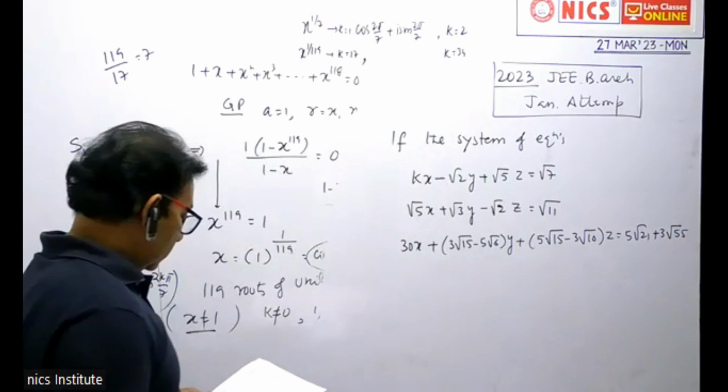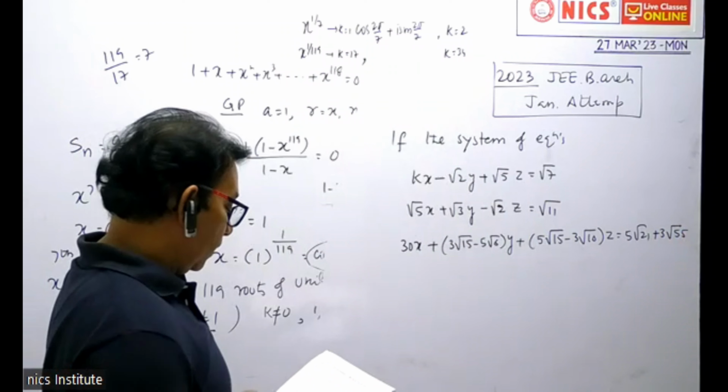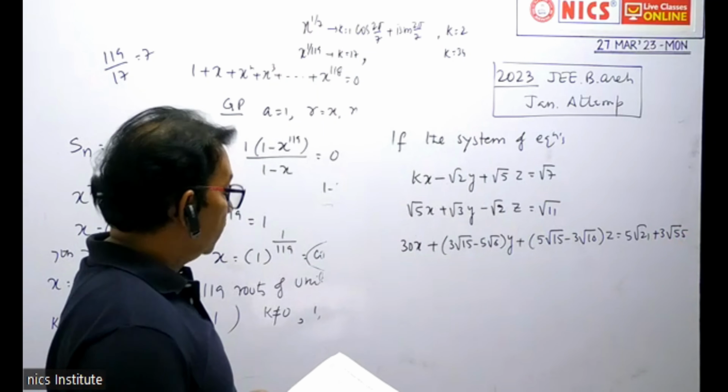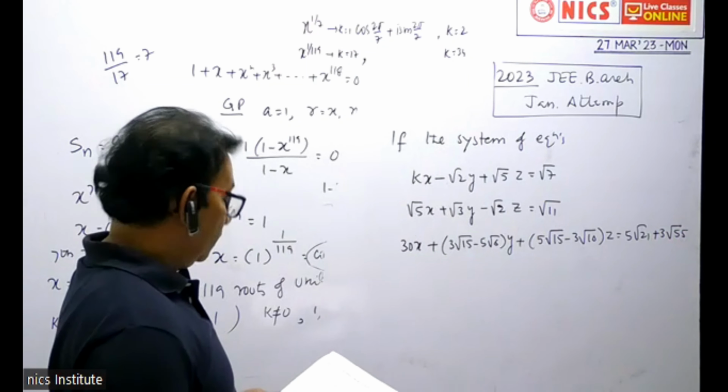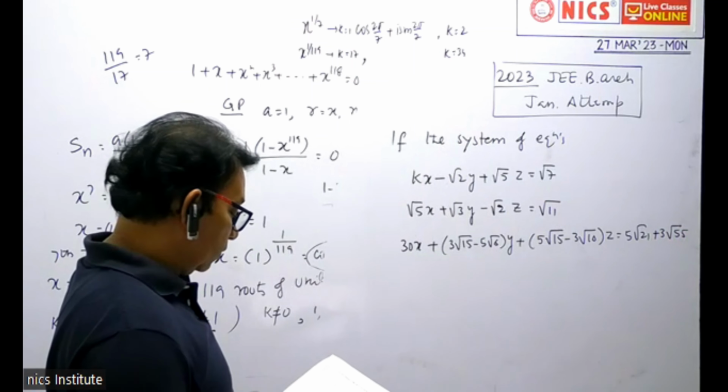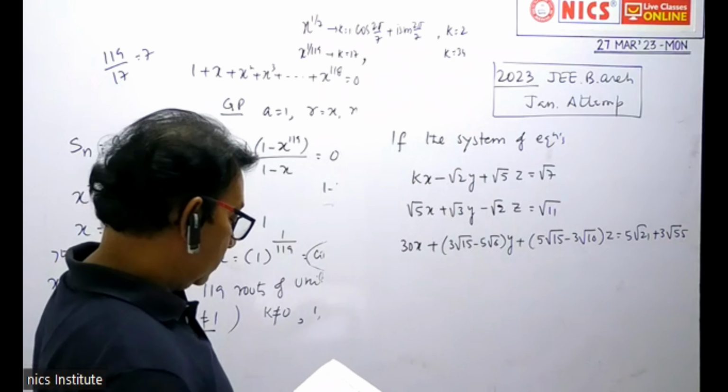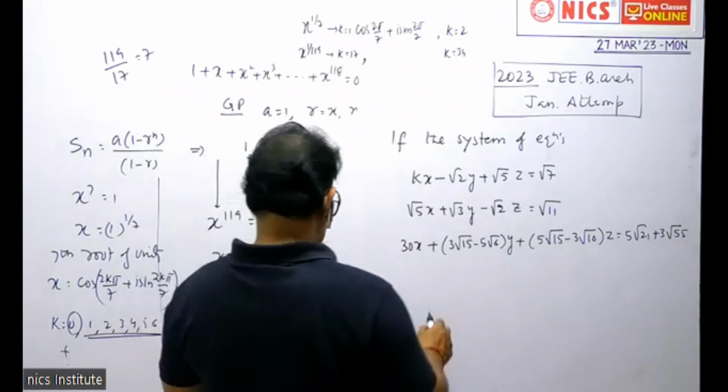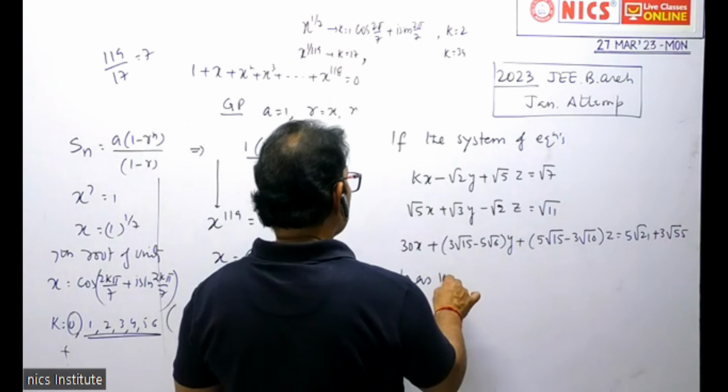The system of equations kx minus root 2y plus 5 root 5z equal to root 7, root 5x plus root 3y minus root 2z equal to root 11, 30x plus 3 root 15 minus 5 root 6y, 5 root 15 minus 3 root 10 z has infinitely many solutions.